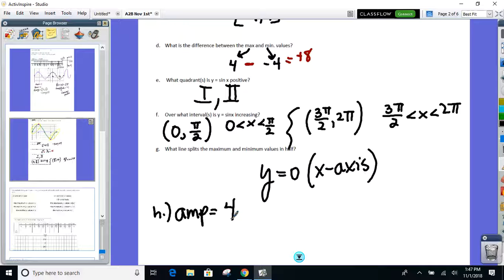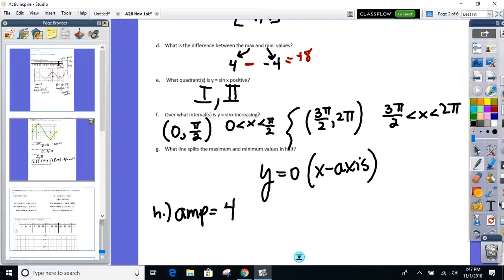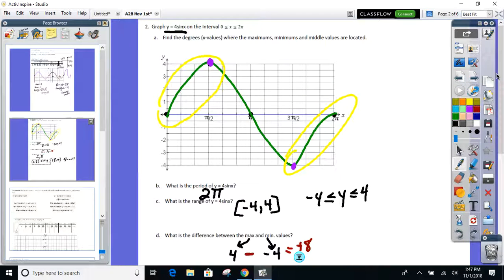Haven't we seen that 4 somewhere? Where did we originally see the 4? There it is. That will always tell us what the amplitude is, whatever number is out in front. And it's always what, though? Positive. Okay, it's always positive.